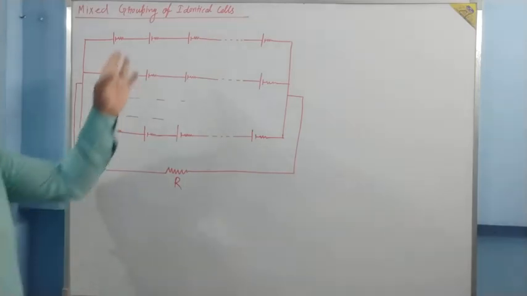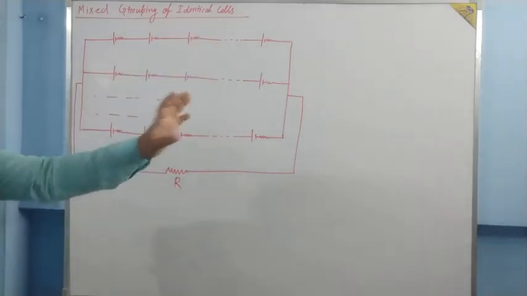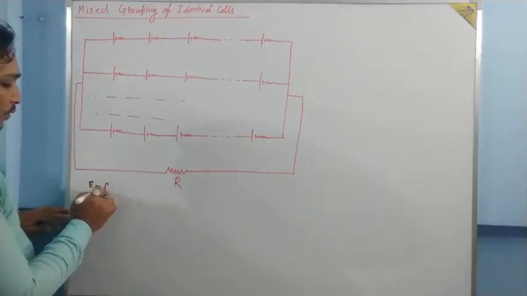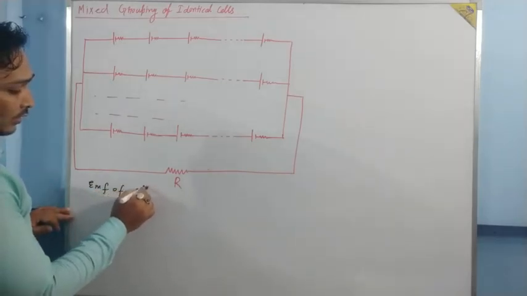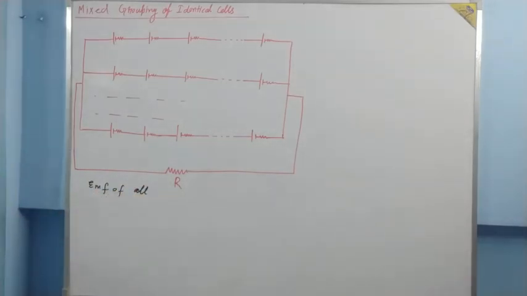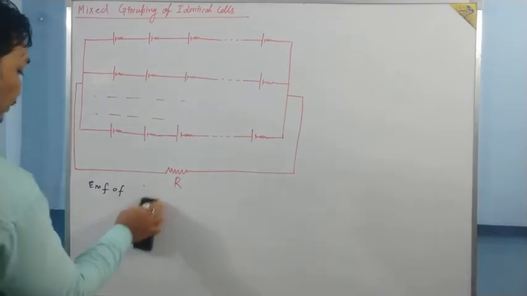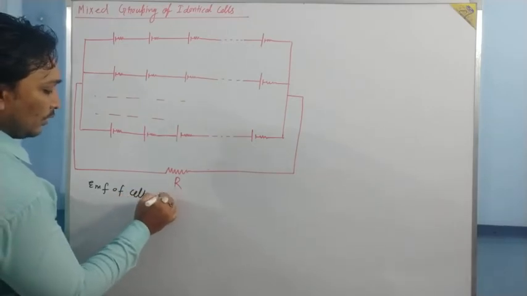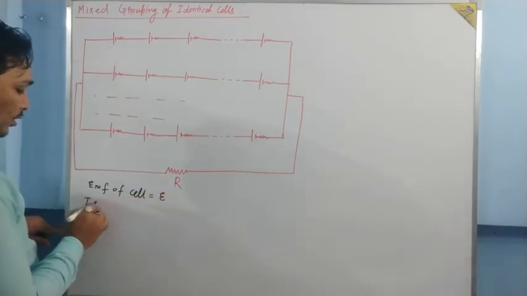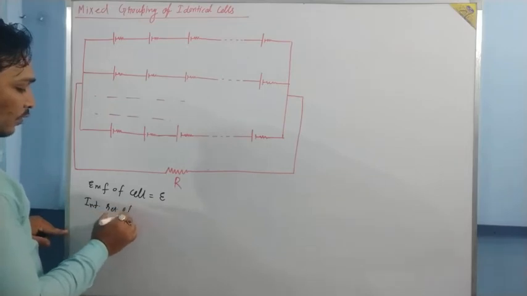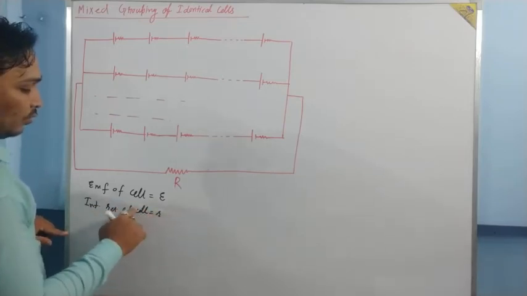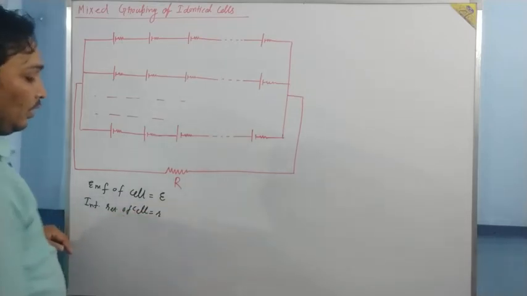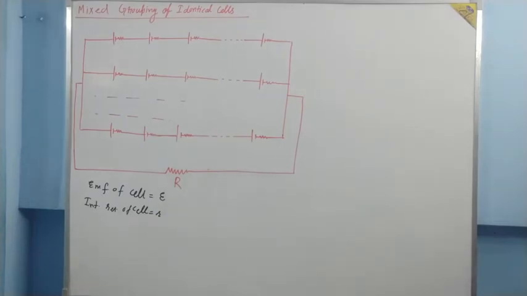More specifically, identical cells. All the cells are identical. All have EMF E. The EMF of each cell is equal to E, and the internal resistance of each cell is small r.